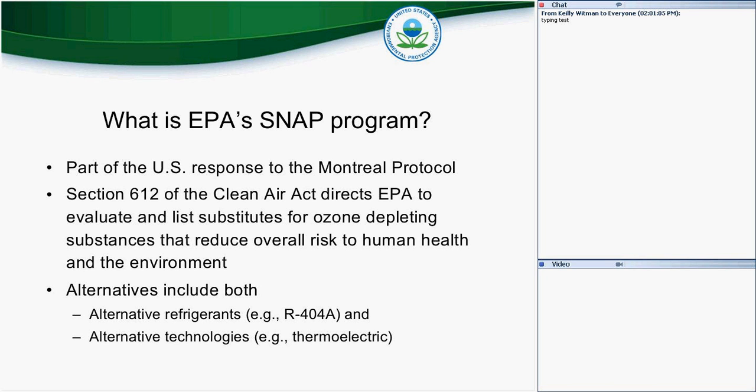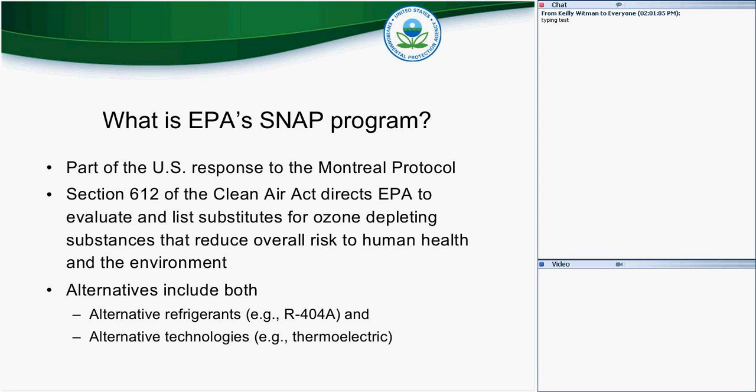One interesting part was that Congress realized we shouldn't just think about the chemicals we're phasing out, we should also think about the substitutes for the ozone-depleting substances. Let's make sure that we don't create new environmental and health problems while we're trying to get rid of the old problems with the ozone-depleting substances. And so, part of the Clean Air Act set up the background for the SNAP program.